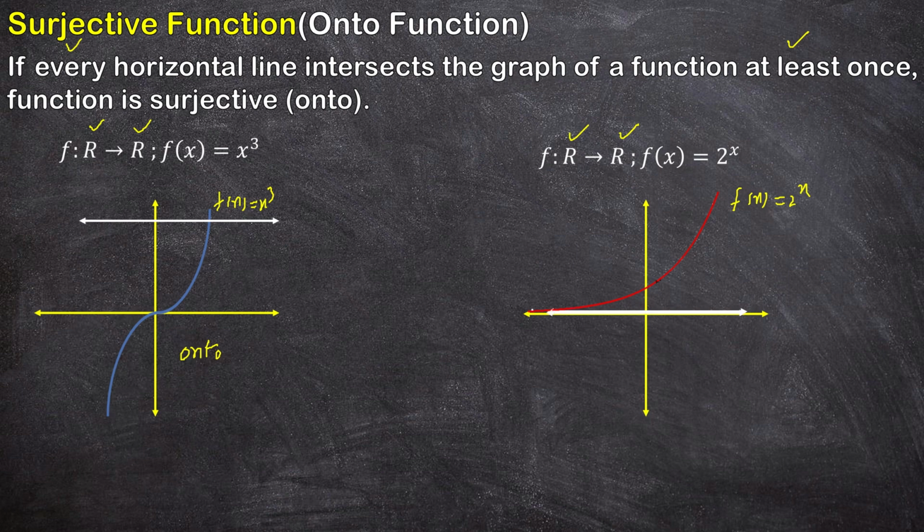But as we move towards the negative y-axis, it doesn't intersect the graph. So here the property that the horizontal line must intersect the graph at least once is violated. So this function is not onto.